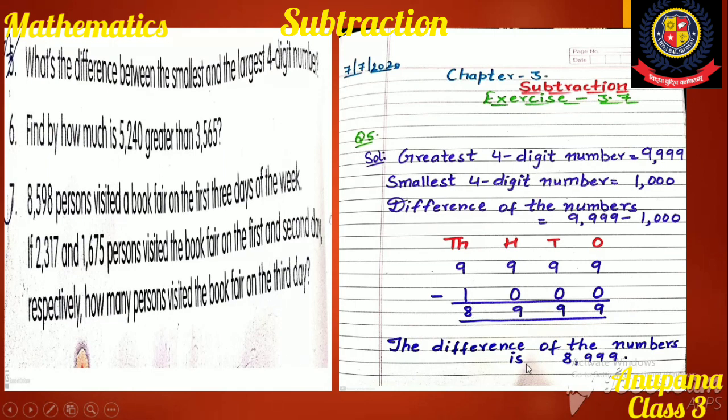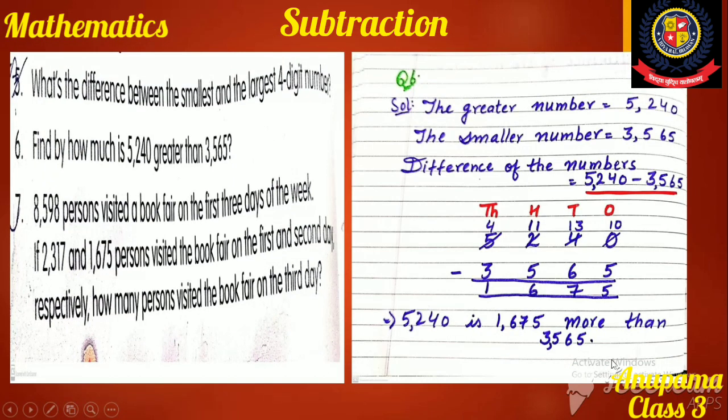So the difference of the numbers is 8999. What is the difference? Yes, the difference of the numbers is 8999. This is the answer. Okay, question 5 done.